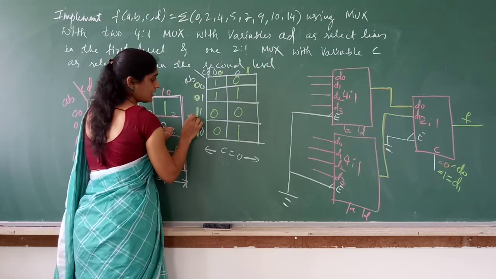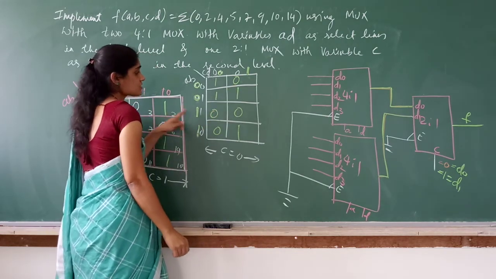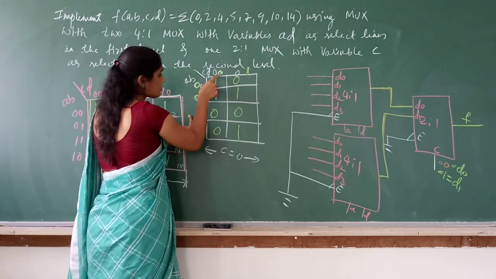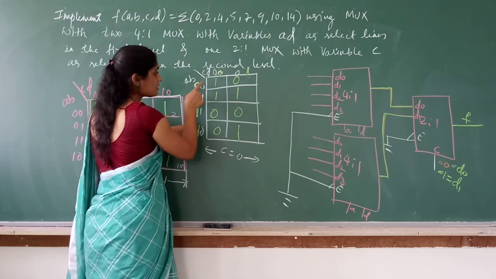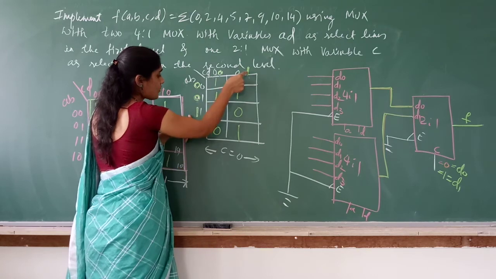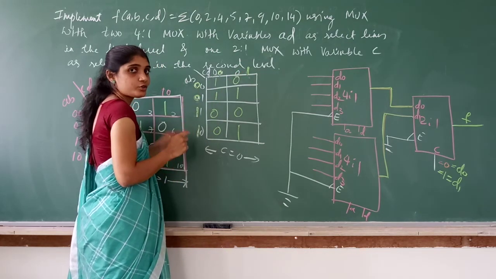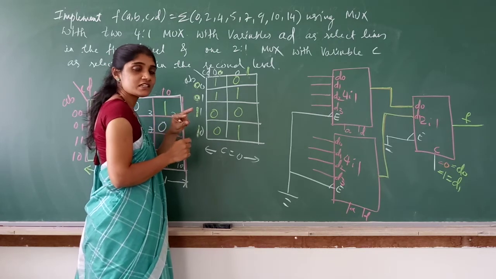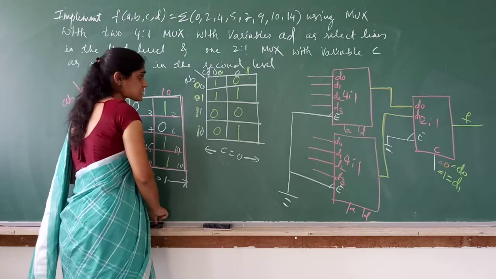Correct? So now 0, 0, 0, 1, 1, 0, 1, 1. Two cells are taking 0, 0, two more cells are taking 0, 1, two cells 1, 0, two cells 1, 1. Mark those cells.